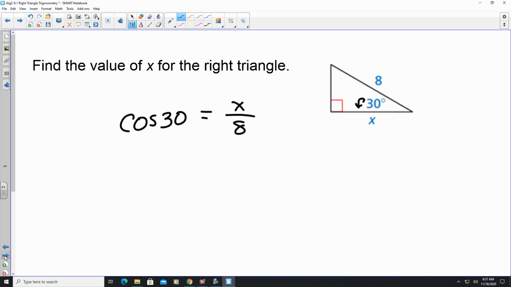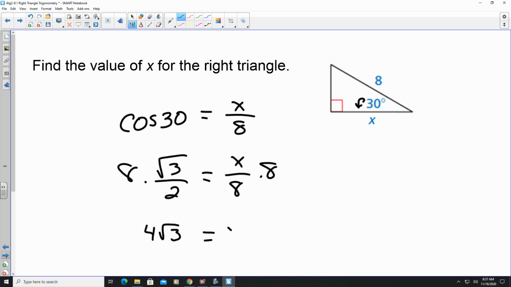If you look back at your chart, the cosine of 30 degrees is the square root of 3 over 2. So now I have the square root of 3 over 2 equals x over 8. To solve for x, multiply both sides by 8. So I get 4 times the square root of 3 equals x.